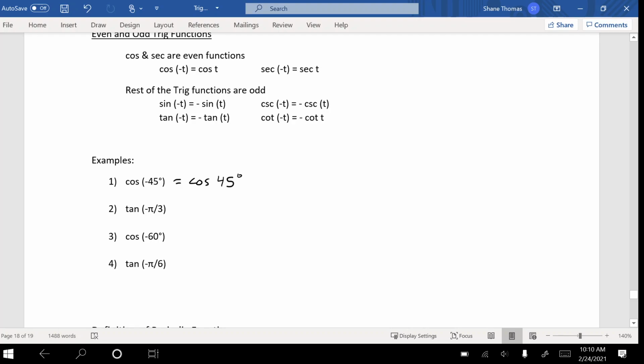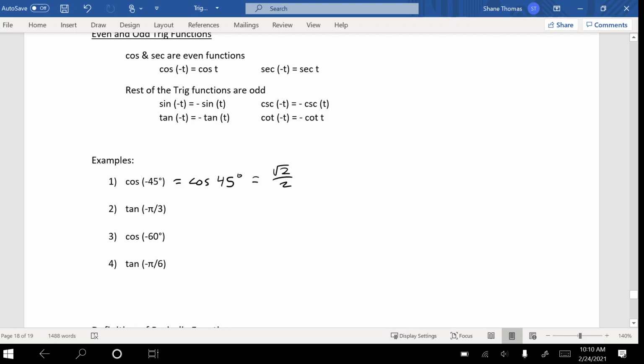But looking at this thing, cosine of 45, I look at my unit circle. What's the cosine of 45? Root 2 over 2, correct. All right, so that's my x value at 45 degrees. So all I did was use the fact that it was an even function to rewrite it. All right, make sense?